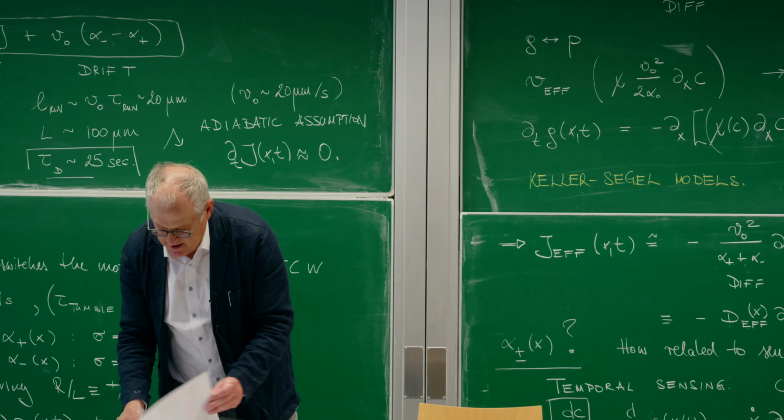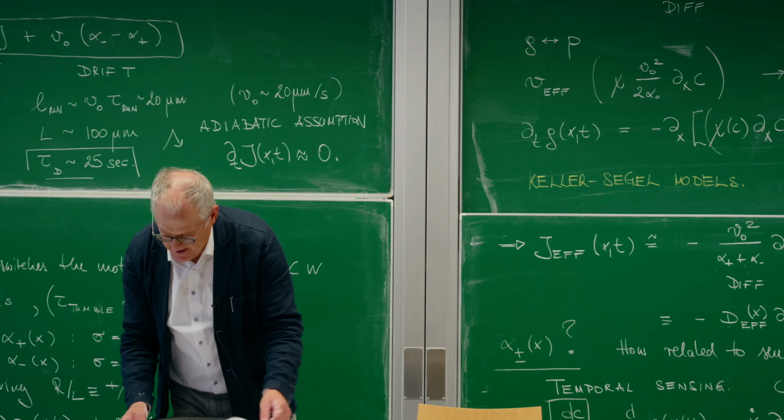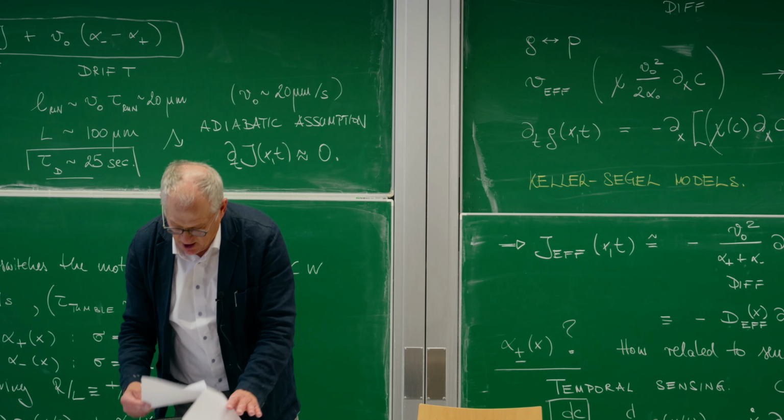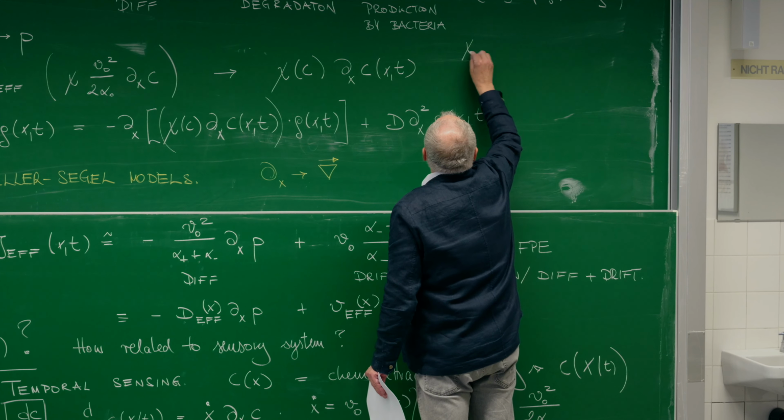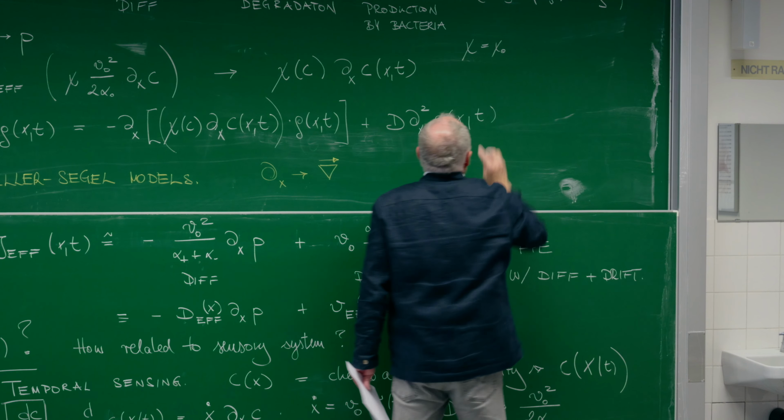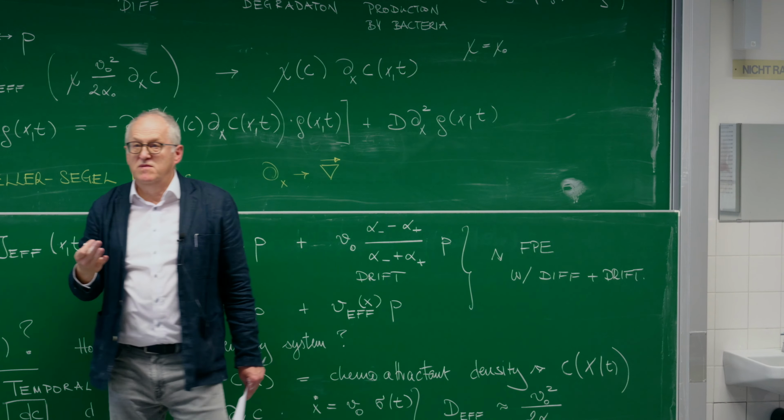So the simplest would be just saying that it's a constant. So we could go back and say chi equals chi naught. This is what we derived.